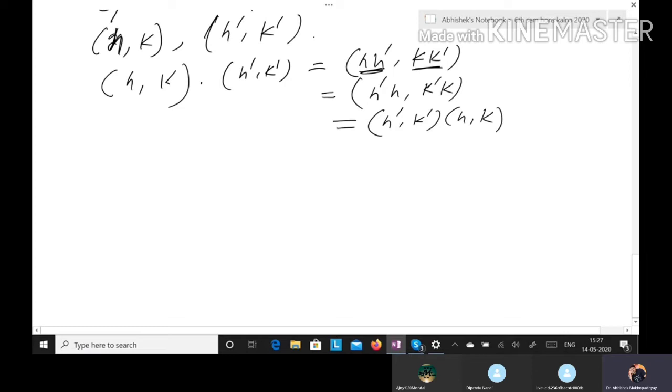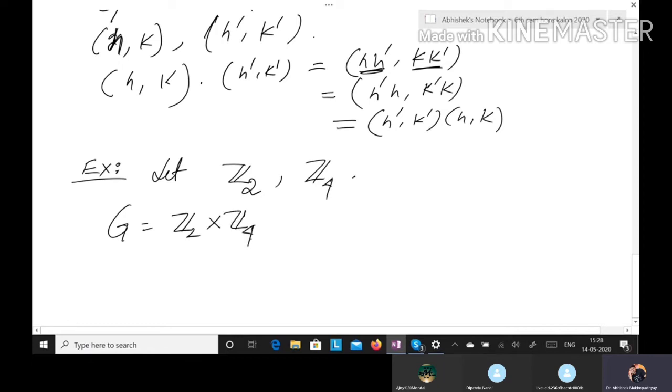Now I would like to exhibit an example. Let us consider a group Z2, and another cyclic group of order 4, that is Z4, and then we consider the external direct product of them.